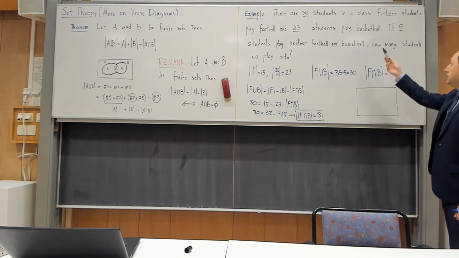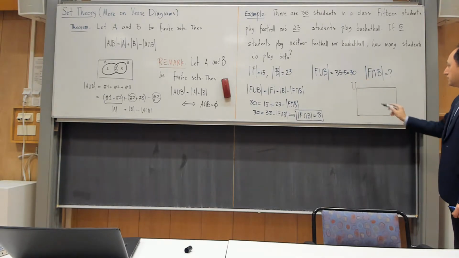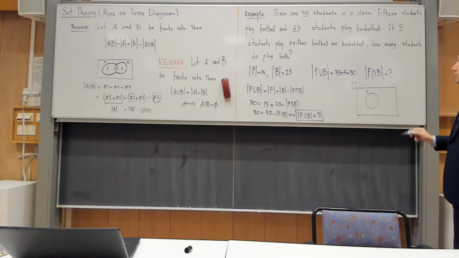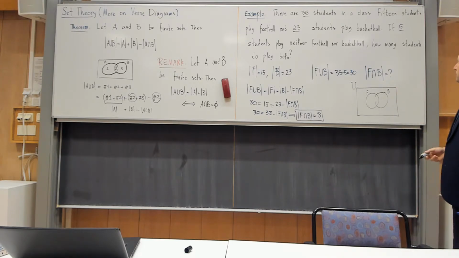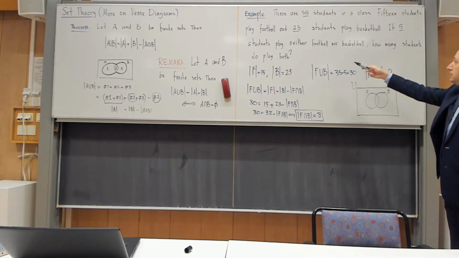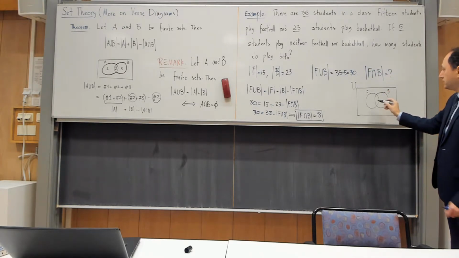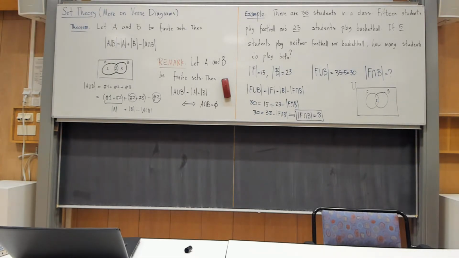So by reading this text, you understand that this is your class, the universal set, and then you have a set containing the students who play football, and you also have some students playing basketball. But because of the question, how many play both, you might think that they intersect. And the question is how many people are here. That is your question, yes?